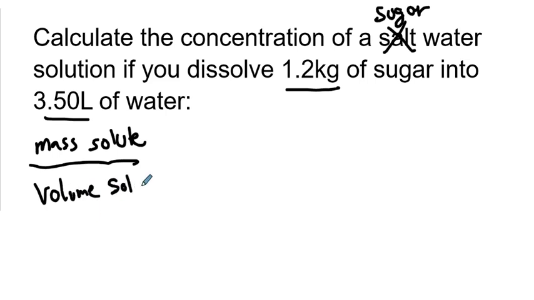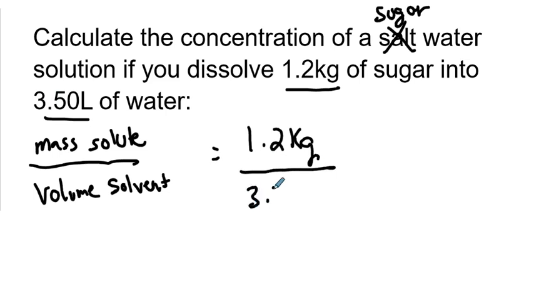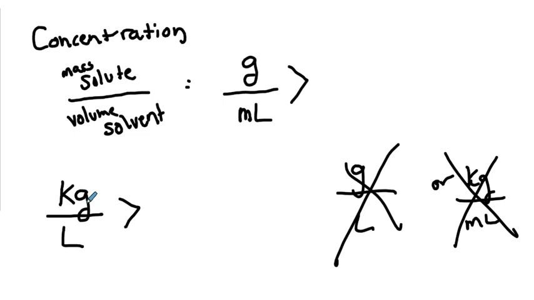The mass is in kilograms, so I have 1.2 kilograms divided by 3.50 liters of water. Remember, for larger quantities, we can use kilograms, but our volume also has to be in liters.